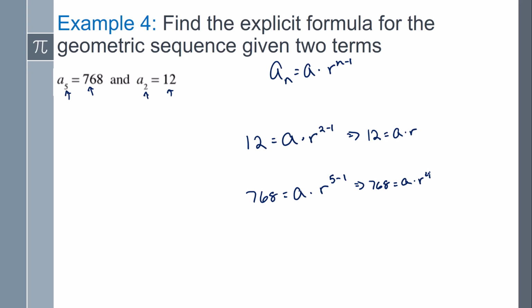Now in one of these, it's going to be easier for us to be able to get a by itself or r by itself. It really doesn't matter. It's probably easier to get a by itself, so I'm going to divide both sides by r. So we're going to get 12 over r equals a. So now I can plug that in. So 768 equals, now instead of a, it's 12 over r, and that's r to the fourth. One of those r's are going to cancel out.